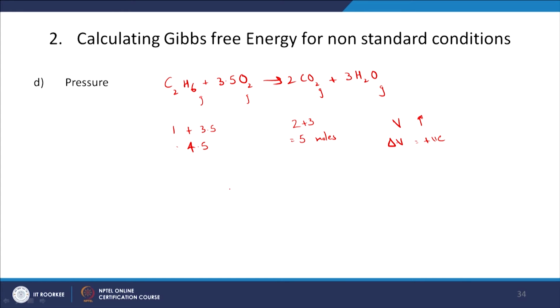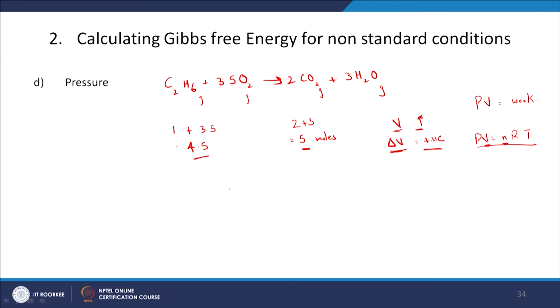In general, any increase in volume means PV, it is work. So work needs to be done, and from PV equal to nRT we know that 1 mole of any particular compound will occupy the same volume. Keep that in mind: as the moles are increasing, from PV equal to nRT the volume is also going to increase, so delta V is going to be positive.